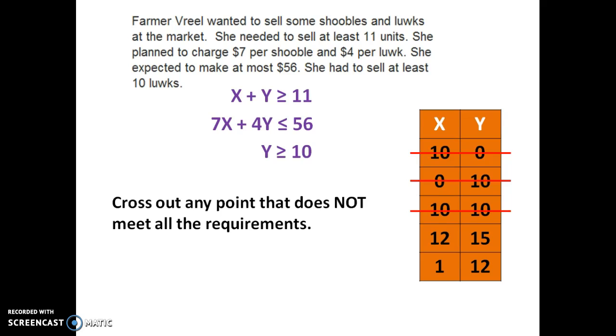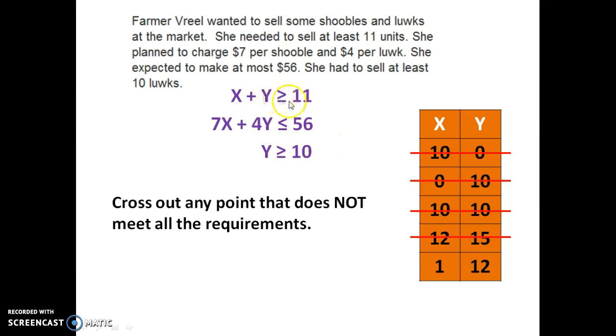12 plus 15 is greater than or equal to 11. But again, we have this same problem when we get to the second inequality, where this is going to be too large also. 1, 12.